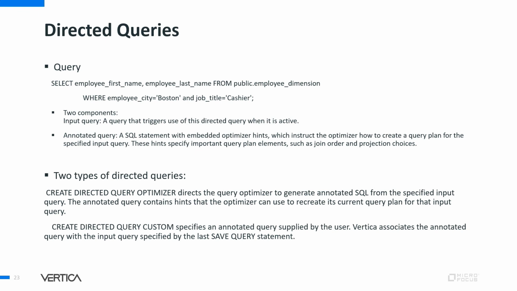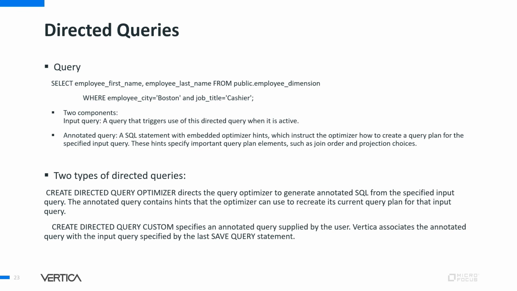Vertica provides two methods for creating directed queries. One is CREATE DIRECTED QUERY OPTIMIZER, which directs the query optimizer to generate an annotated SQL from the specified input query.